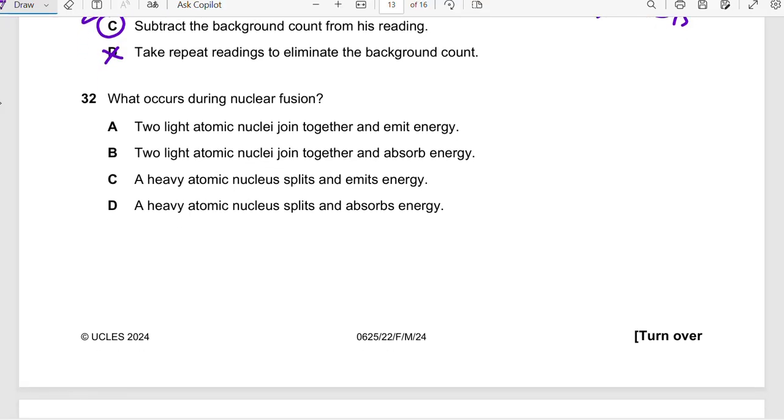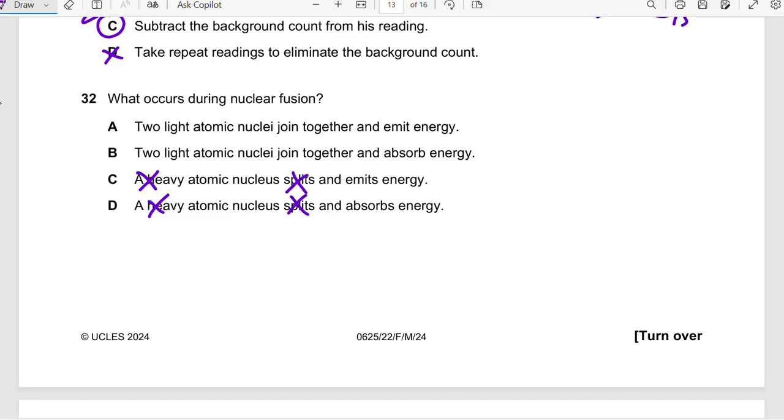Question 32 says what occurs during nuclear fusion? Fusion is when I have two nuclei that fuse or merge with each other. These two nuclei are light, they are small, they have small atomic number. So when they say in C and D heavy atomic nucleus, this is wrong, and they don't split.